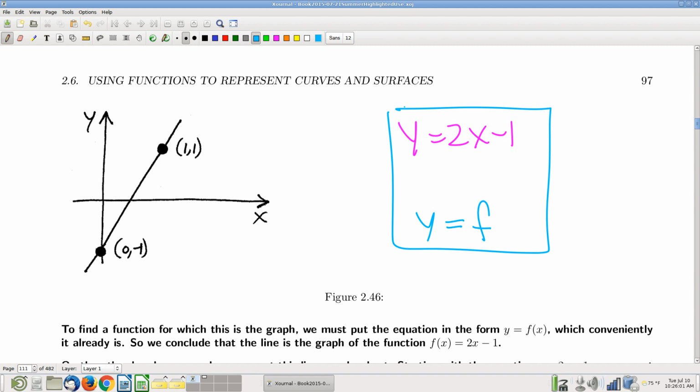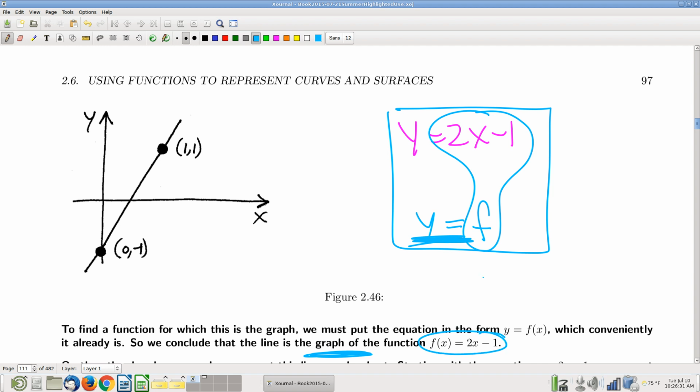This is what it means to be the graph of something. If you're looking at the graph of f, you're going to set f equal to y in this case, and I want the result of having done that to give me this line, namely to give me the equation y equals 2x minus 1. So, what function is this the graph of? Well, you can read it right off the page. f of x is 2x minus 1.